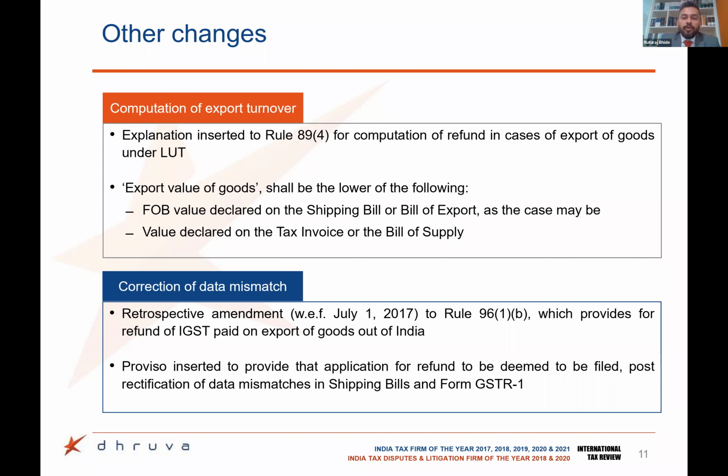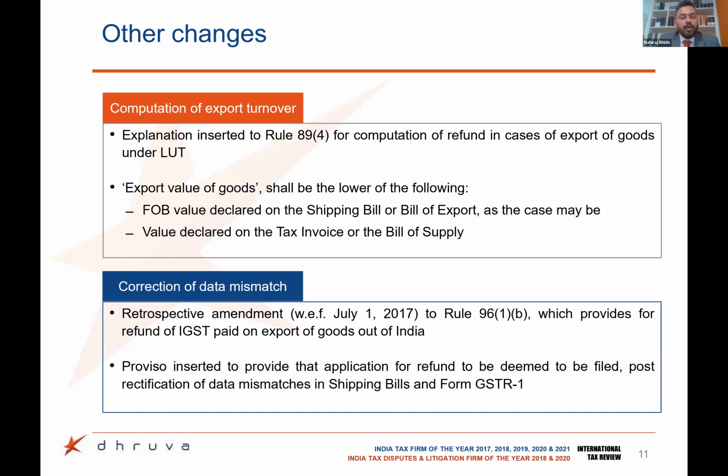Many exporters will relate to this, that the value on the shipping bill need not necessarily match the value reported on their export invoices because of time gaps, foreign exchange fluctuations, etc. The amendment clarifies that your export value should be equivalent to the lowest of the two amounts and not the highest.